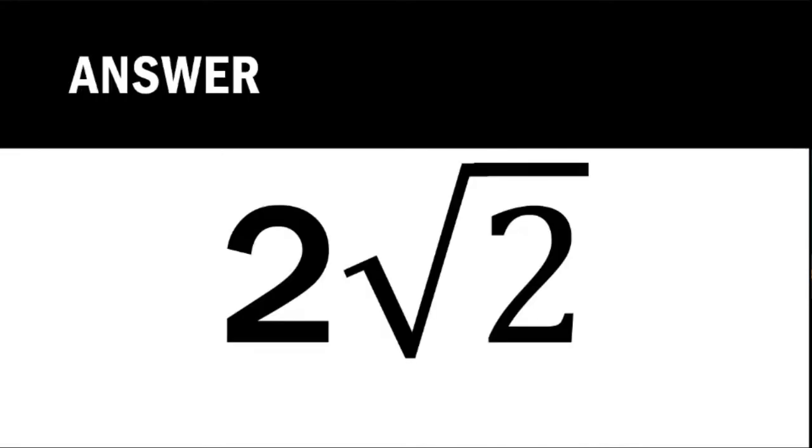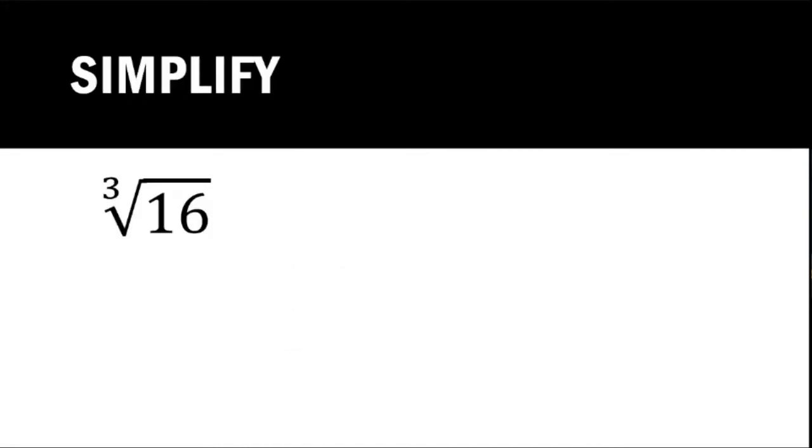Okay. So continuing, again, the answer for the square root of 8 is 2 square root of 2. Now let's have the cube root of 16. 16 is equal to 2 raised to 4. So you will just have the cube root of 2 raised to 4.